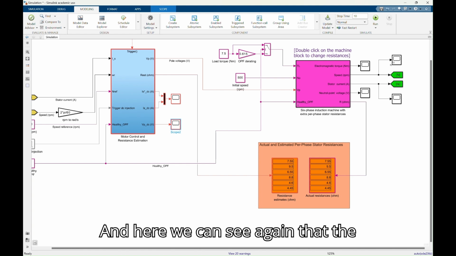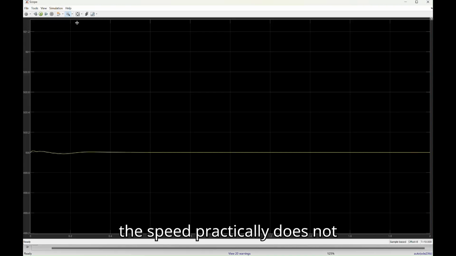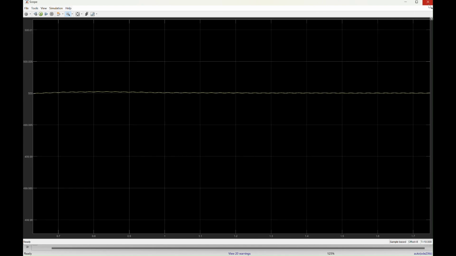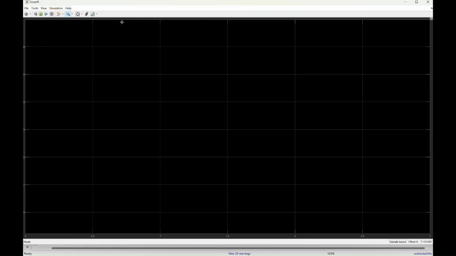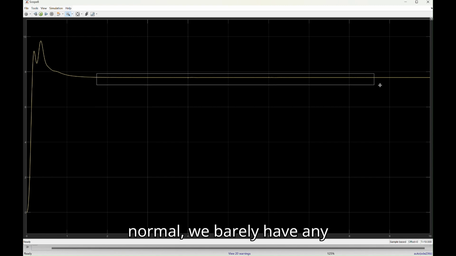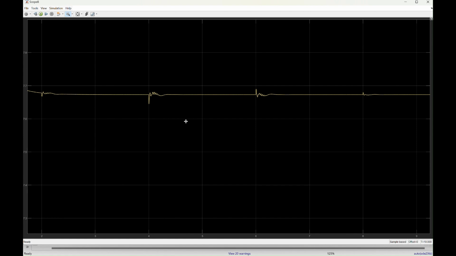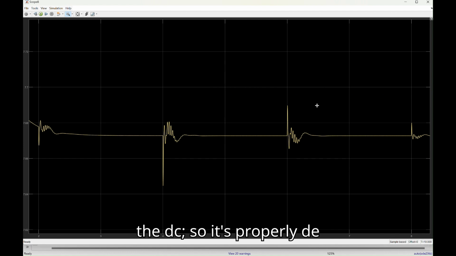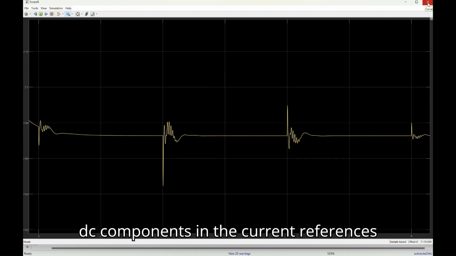And here we can see again that the speed practically does not change during the injection, and the torque, other than the initial transient that is normal, we barely have any disturbances in the torque when we inject the DC signal. So this is properly designed so that there is no DC components in the current references in the alpha plane.